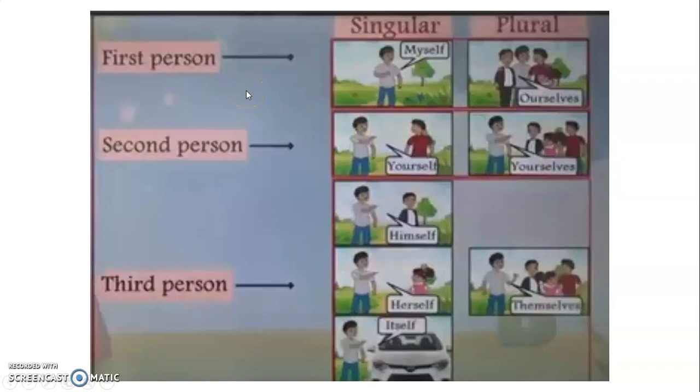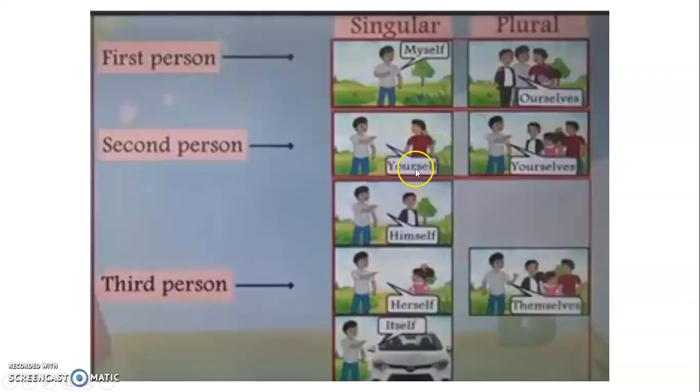Here in this table you can see first person singular number, we use myself, and first person plural number, we use ourselves. Similarly, second person singular number, we use yourself. Second person plural number, we use yourselves. So this is the difference when we were seeing personal pronoun, both singular and plural, same you form was used.